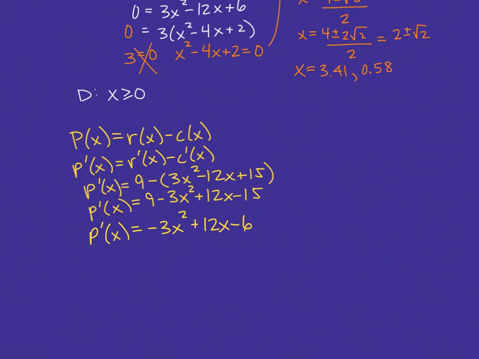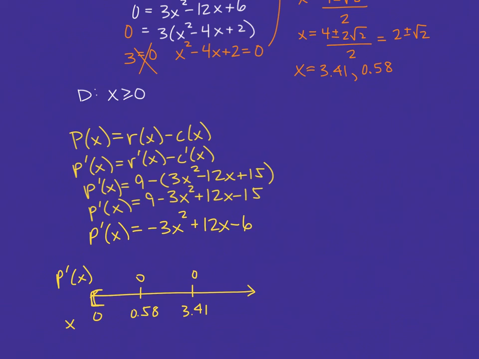I'm going to perform the first derivative test just because I haven't done that yet in this video. Using these two critical points, and 0 is our minimum value for x, we have 0.58 as one critical point, and 3.41 as another. Both make P prime 0 because they're critical points. Then we can plug in values before, between, and after.